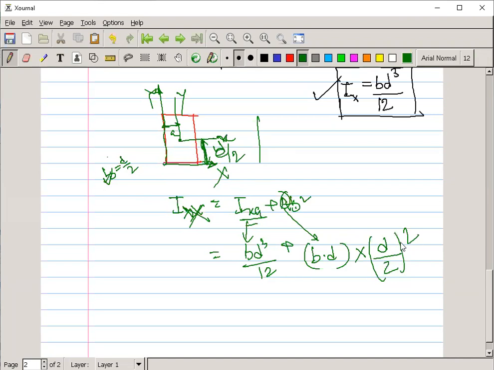So that's why I have written here d by 2 whole square. Anyone have any confusion in identifying this problem? You can ask. Hello, everything is okay, right?